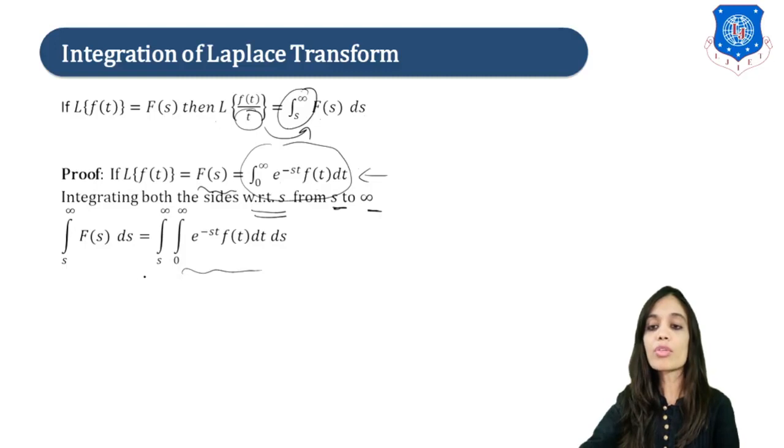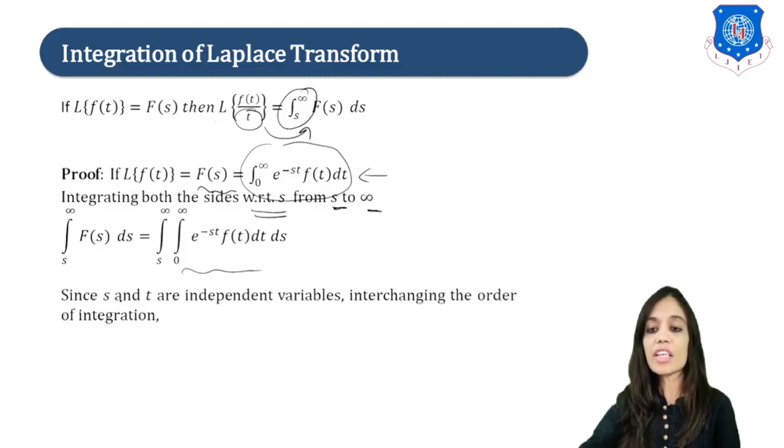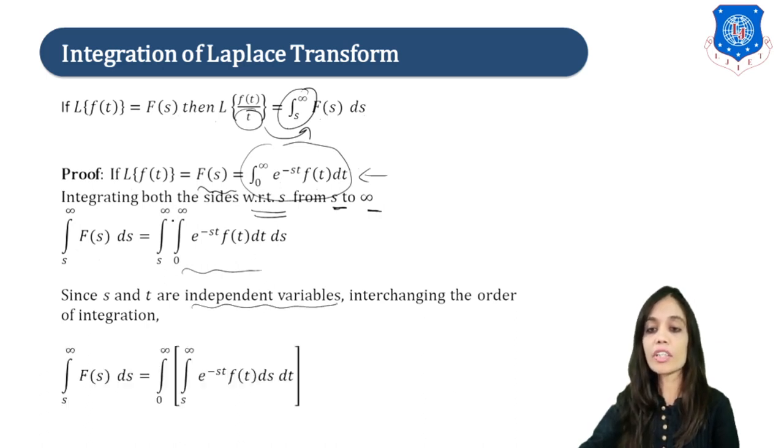So now what we can do is we can interchange s and t, right, because they are independent variables. So let us change the order of integration. So it will be equal to integration 0 to infinity, integration s to infinity e raised to minus st f of t ds dt.